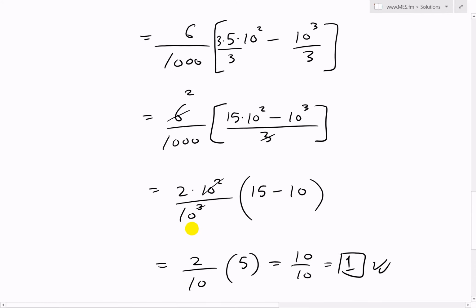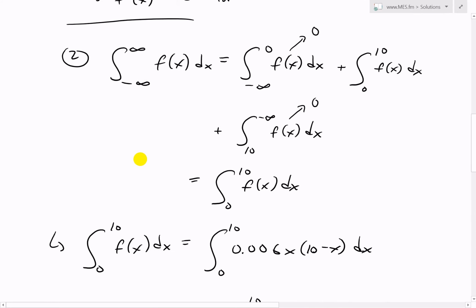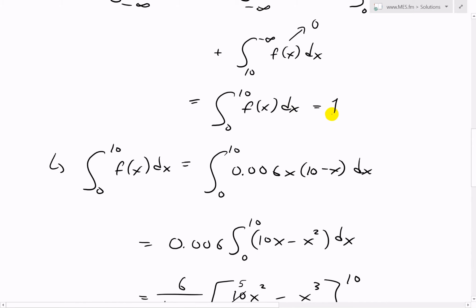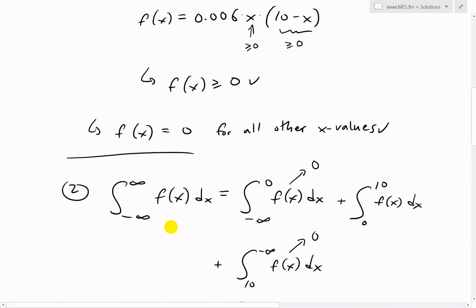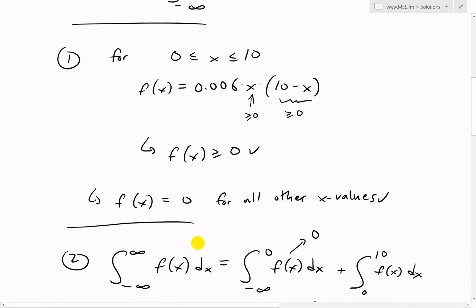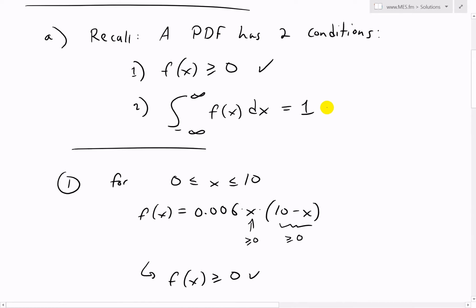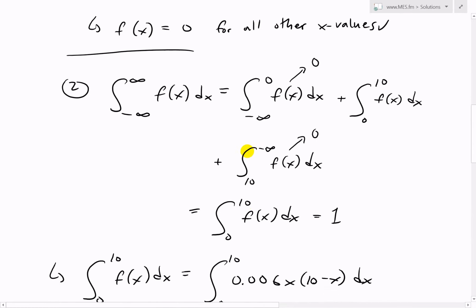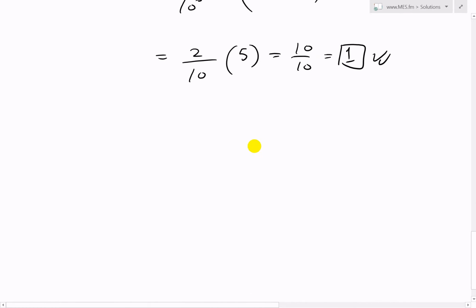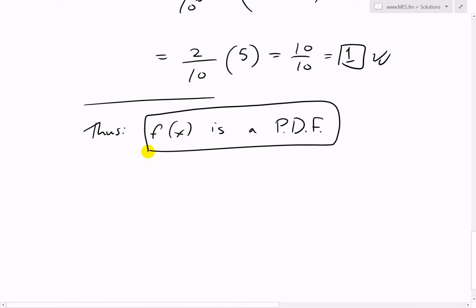So we've just proven that this equals 1 right here. So the second part is true as well. So the second condition is true. So thus this function is a PDF. Thus f of x is a probability density function, or PDF for short, and I'll just circle that.